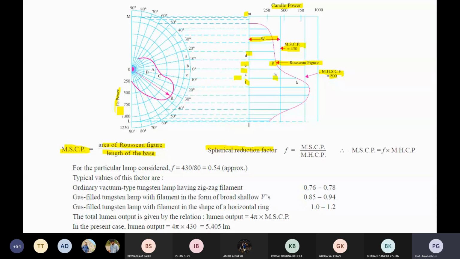Okay, the spherical reduction factor F is there. It is F equal to MSCP divided by MHCP. So MSCP equal to F into MHCP.